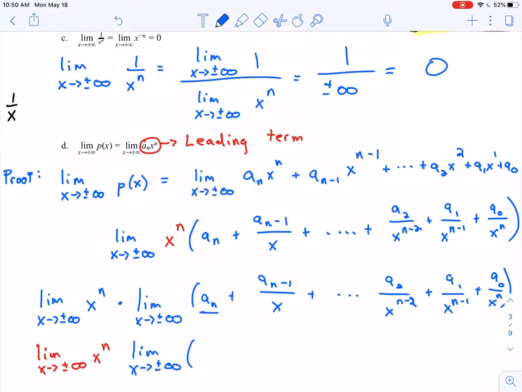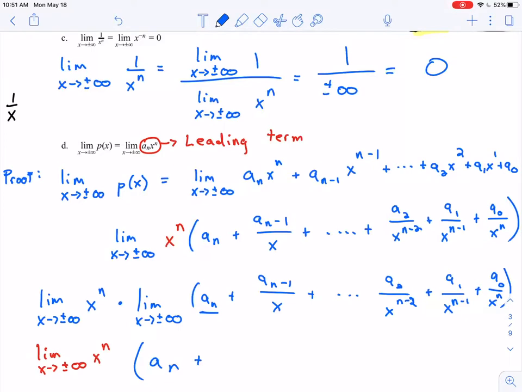So I'm going to look at this first term here, a sub n. Well, that's just a constant, so it doesn't have any impact. Actually, here I should drop my limit statement, my apologies, because we're actually going to evaluate this limit right here. If I take the limit of a sub n, that's a constant, so it's just a sub n.